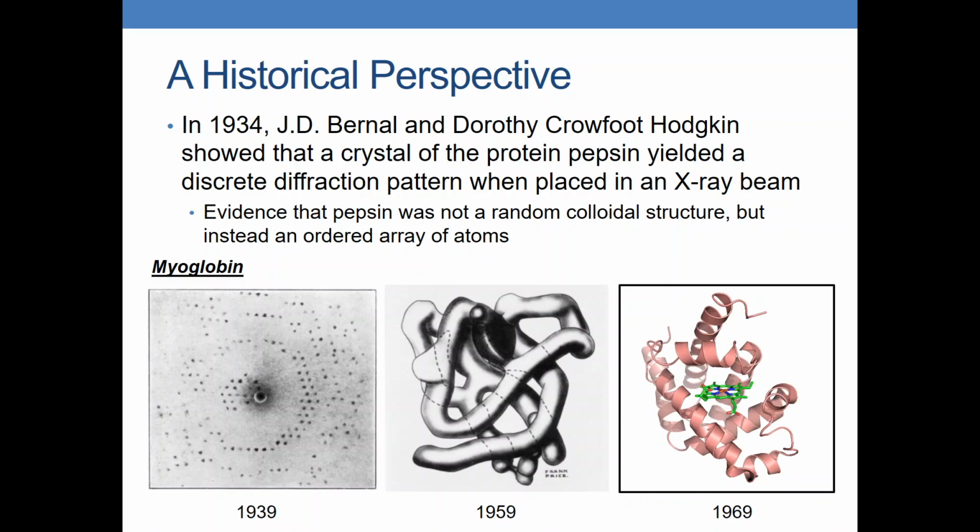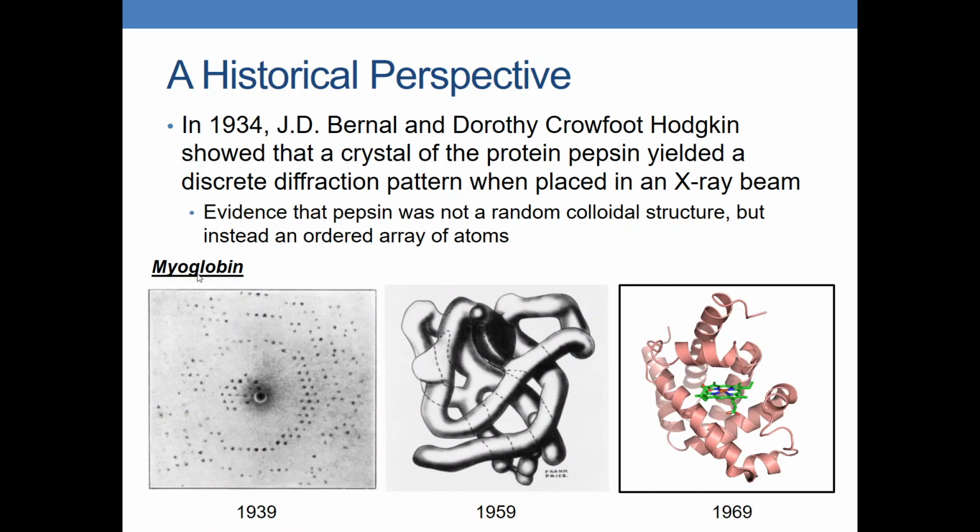But as time went on, it became more technically possible to take these data and actually use them to construct an atomic model for a protein, or really any biological molecule. Without going too deep, what you can actually do is take the distance between the spots and the symmetry. You'll see here there is a hexagonal sort of shape. You can take that information and use it to construct an atomic resolution model for your protein.